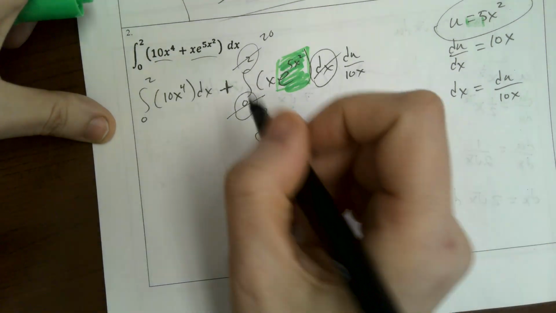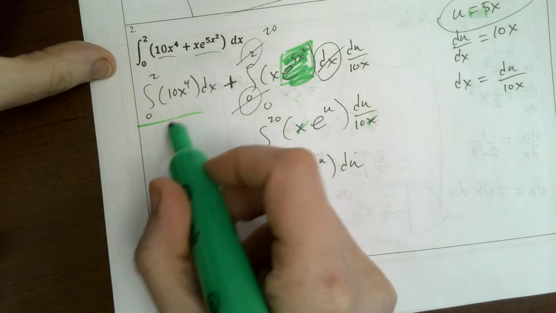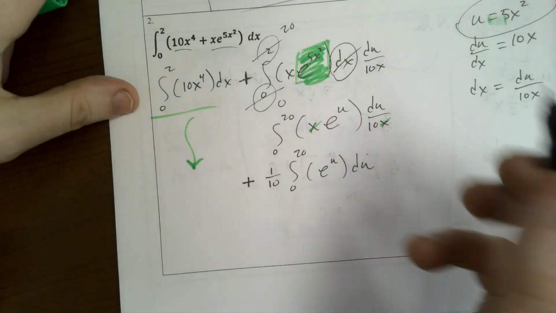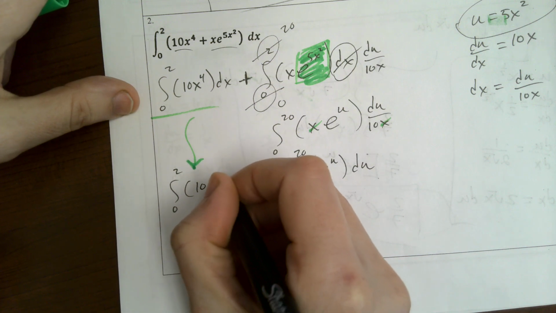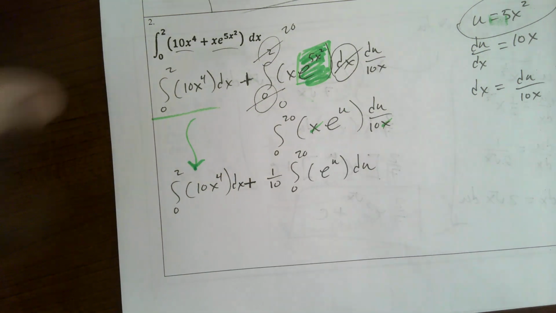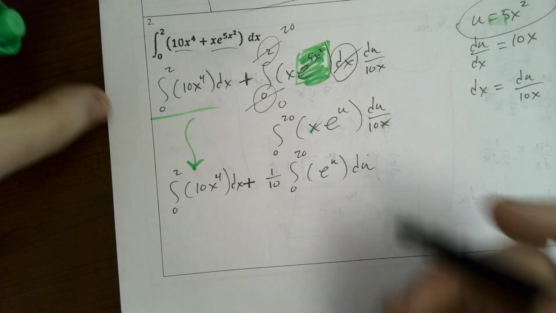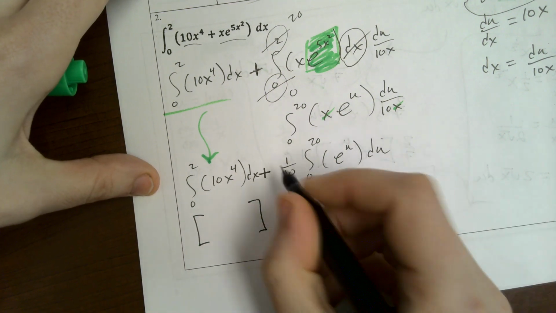And then this one I'll bring down there, so the integral from 0 to 2. Now we've got two integrals, different variables, but they are both u-steps. So I'm opening up a bracket for the fundamental theorem of calculus.